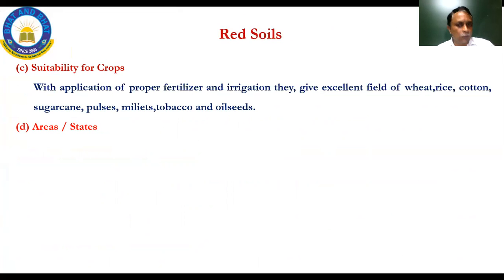With application of proper fertilizer and irrigation, they give excellent yields of wheat, rice, cotton, sugarcane, pulses, millets. Ragi is a millet actually. Ragi, which is commonly grown in Karnataka, is actually called finger millet. Tobacco and oil seeds.